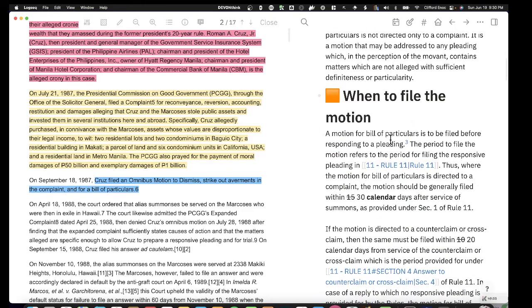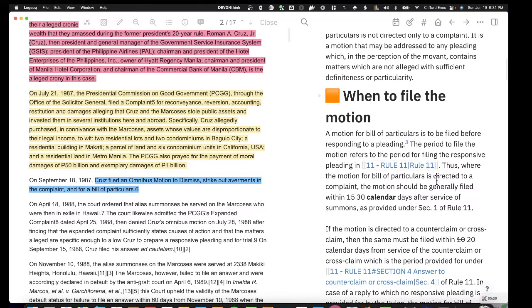When to file? A motion is filed before responding to a pleading. So i-file yung bill of particulars, no, before mag-reply or mag-respond sa pleading. And then the period to file the motion refers to the period for filing the responsive pleading found in Rule 11.